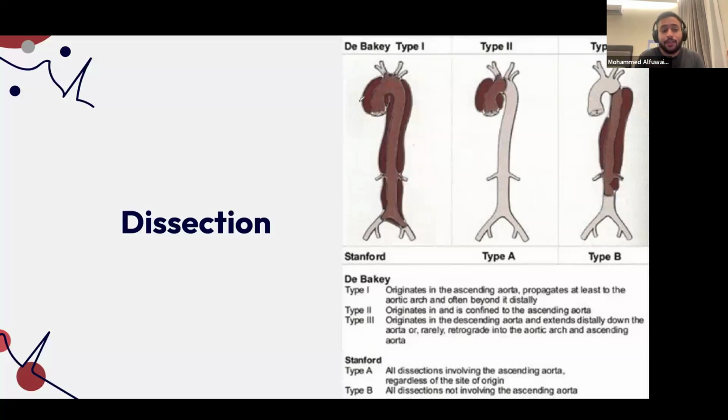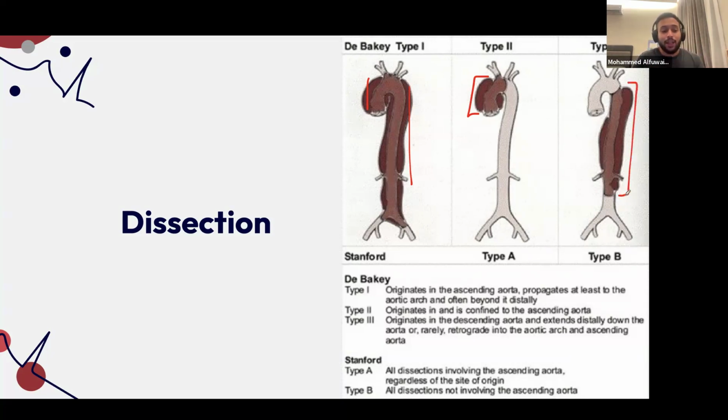Type 1 DeBakey is ascending and descending aorta. That's DeBakey 1. DeBakey 2 is ascending. It has to only include the ascending. Type 3 is descending.